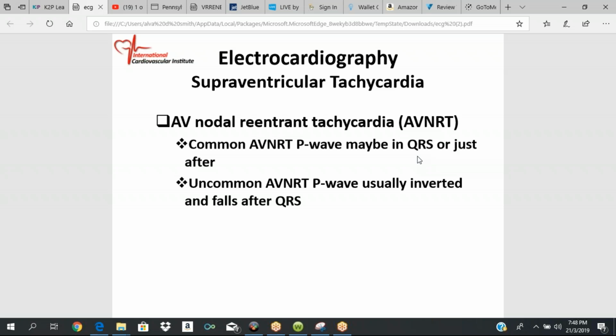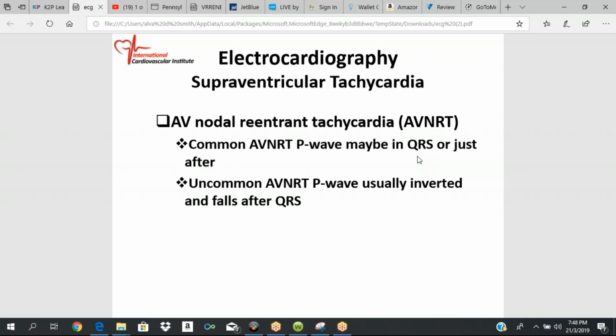So they used to call it PAT, but the current designation is AVNRT, atrioventricular nodal reentry tachycardia. So it's a rapid heartbeat coming from above the AV node in the atrium someplace.